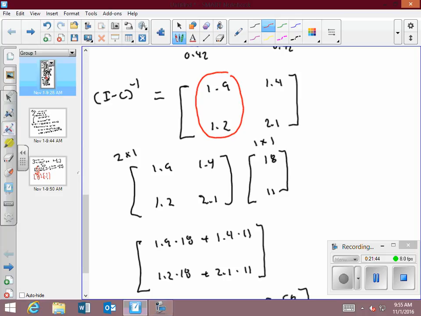And that would be of this I minus C inverse. That's what they're trying to get to, so that you understand that I minus C inverse is actually the production needed to produce 1 more unit of output in that particular sector. Okay.